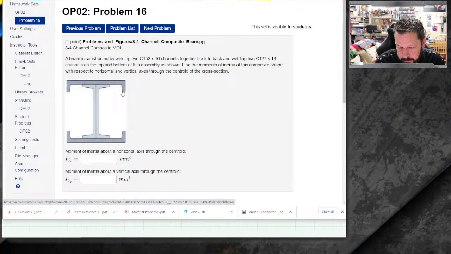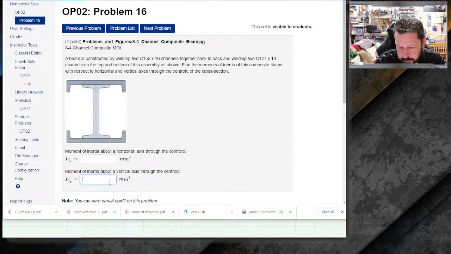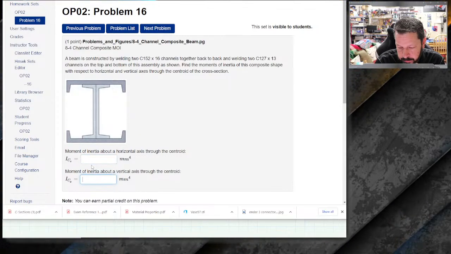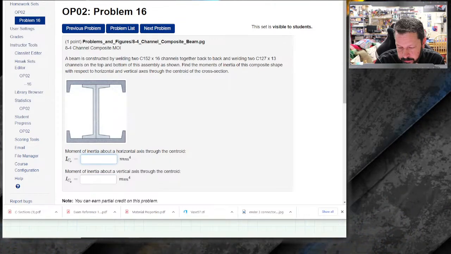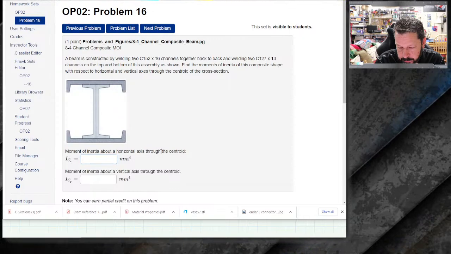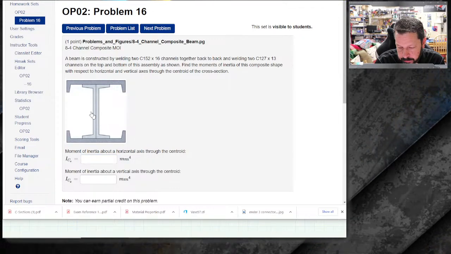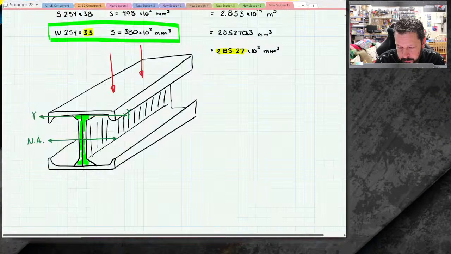Now, this one also does a different thing. This one is having you calculate two different moments of inertia. One about an x-axis that runs through the centroid. That's what the C means. This one isn't required, but it is a good problem to practice with.